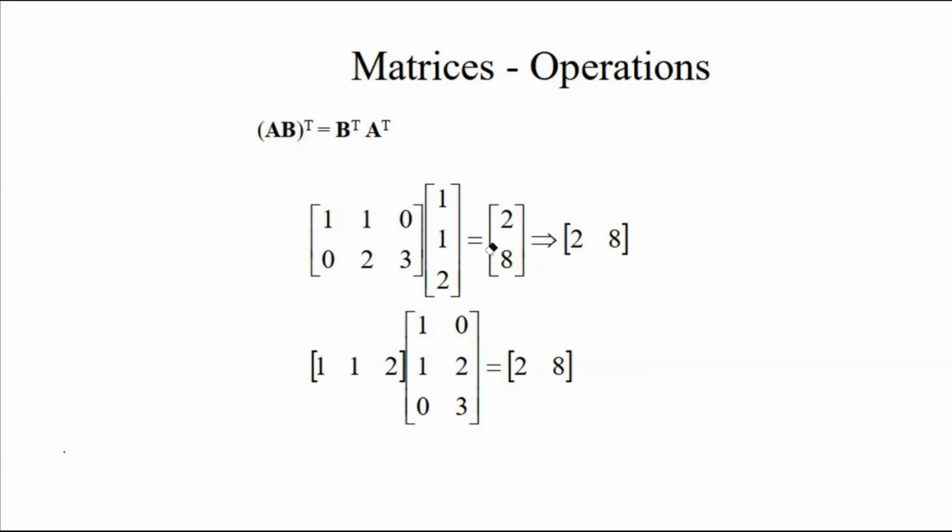So notice here, you could put A, B, because you can't multiply this matrix by this matrix. You can multiply this matrix by this one, so you have to switch it around, right? The transpose of B, that's this matrix in this. Transpose of A, that's this matrix in this. When you multiply them together, they are equal.